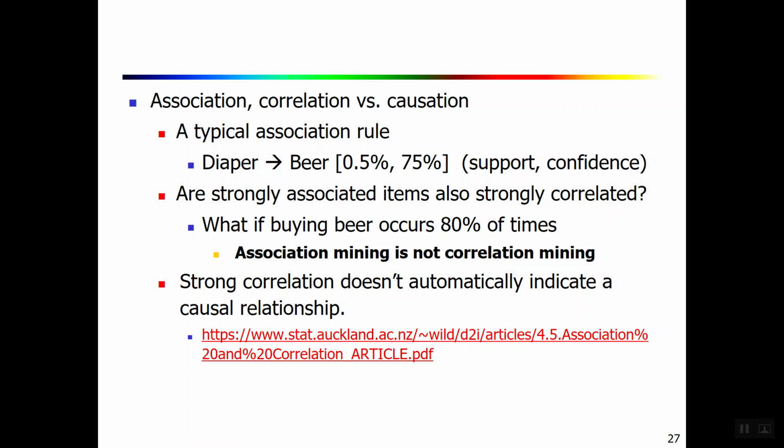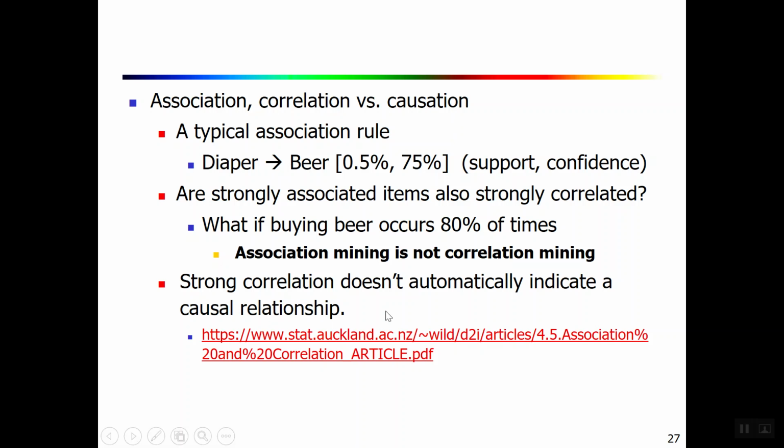I want to emphasize that the reason there are many different ways to measure the strength of an association rule like this is because association rule mining is not interested in mining rules that have strong correlation, and there is no way that by looking at the data alone we can get the causal relationships.